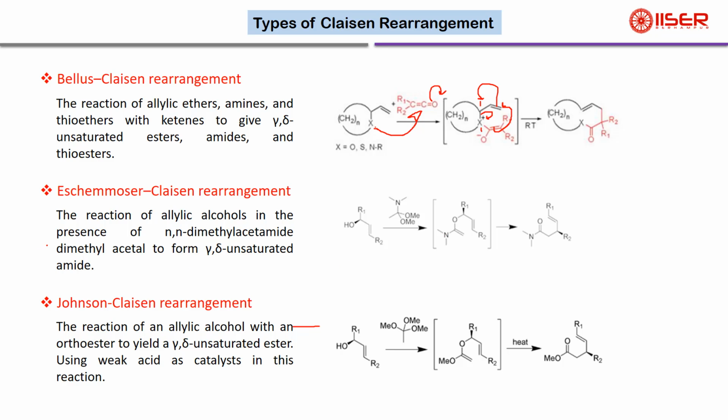Next is the Eschenmoser-Claisen rearrangement. In this reaction, the allylic alcohol in the presence of N,N-dimethylacetamide dimethylacetal forms a gamma,delta-unsaturated amide. Here it undergoes a trans-esterification type of reaction.